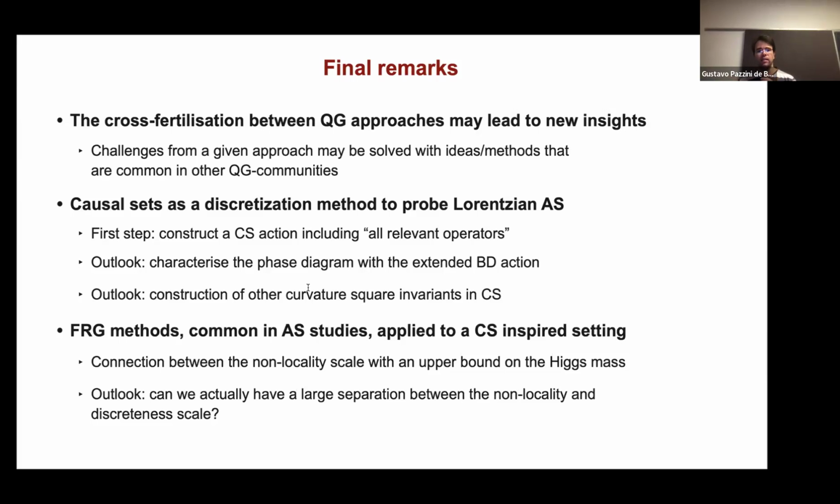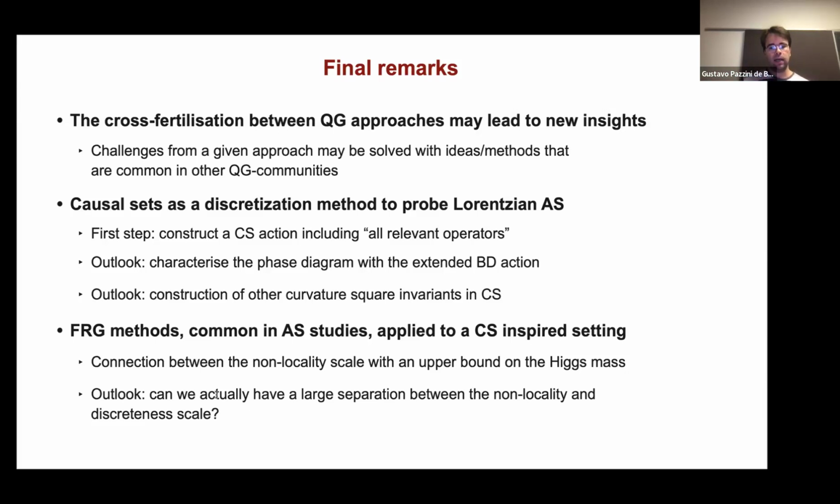The second example was related to using FRG methods that are common in asymptotic safety and applying them to a causal set inspired setting. In particular, under several assumptions, we found a connection between the non-locality scale and an upper bound on the Higgs mass.